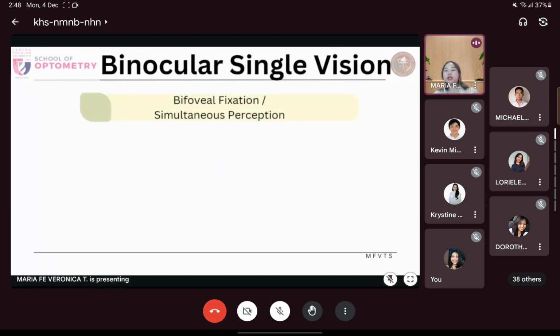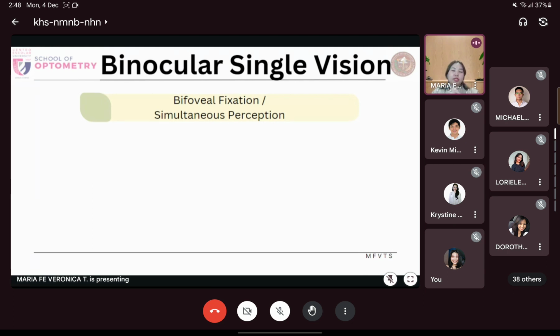So how do we attain binocular single vision? So I'm not sure if I've discussed it before, but there are 3 steps for us to attain binocular single vision. First is the bifoveal fixation or our simultaneous perception. So dito, this is the right eye sees one image and the left eye sees another image, both of them looking at the same target.